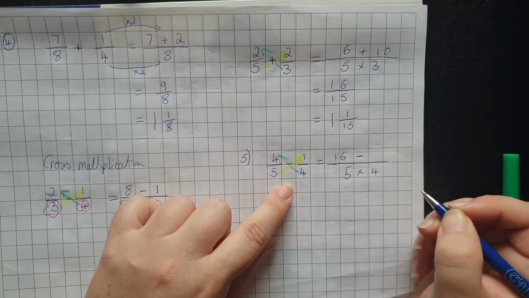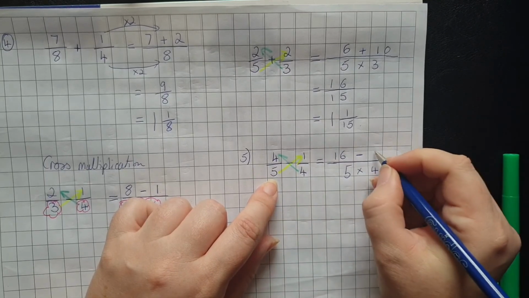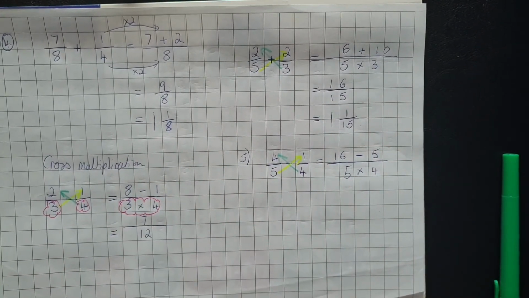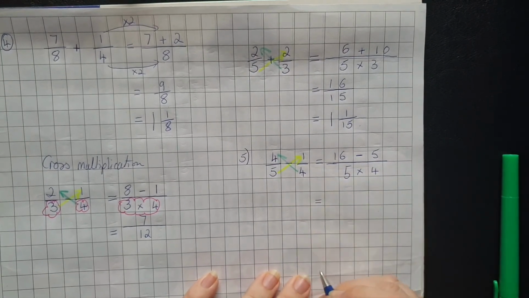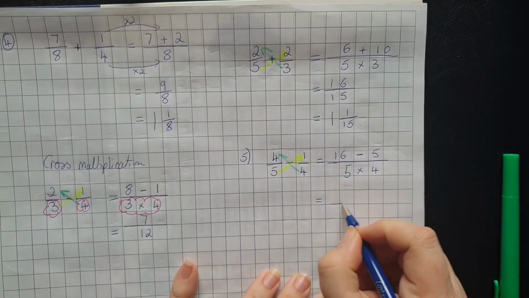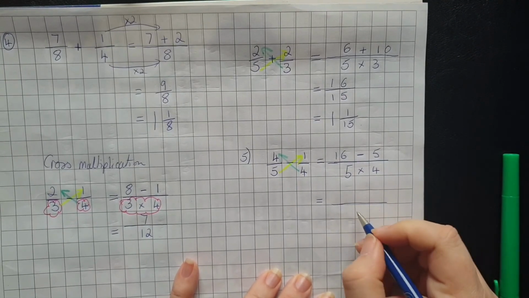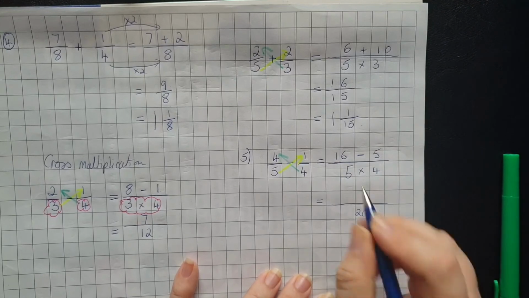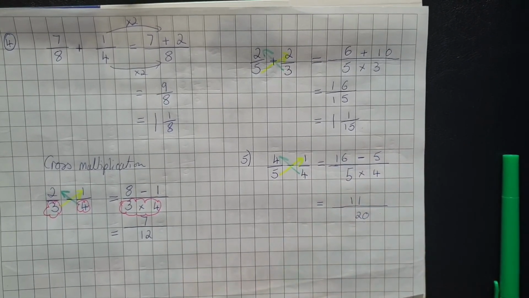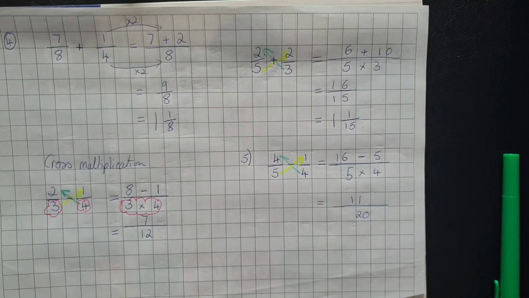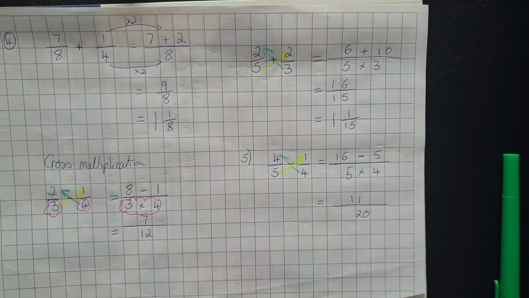We are subtracting. 5 times 1 is 5. Again, do the calculation. 5 times 4 is 20. 16 minus 5 is 11. 11 over 20. We expect to see these steps. We expect to see this working out.